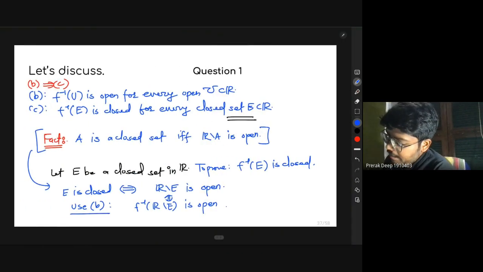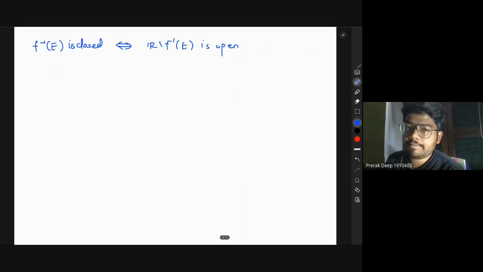Now we have that F inverse of R minus E is open, and we need to prove that R minus F inverse of E is open.